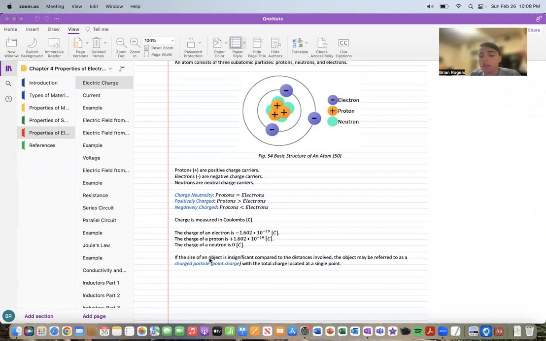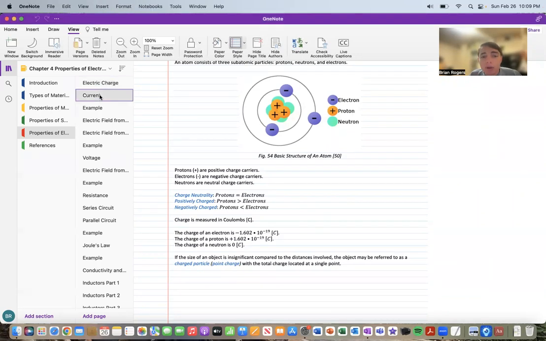If the size of an object is insignificant compared to the distances involved, the object is often referred to as a point charge because it's so small compared to everything around it. We don't take into account the actual shape of the particle. We just say it's a point charge. So when we refer to point charges, we're just saying it's so small compared to its surroundings.